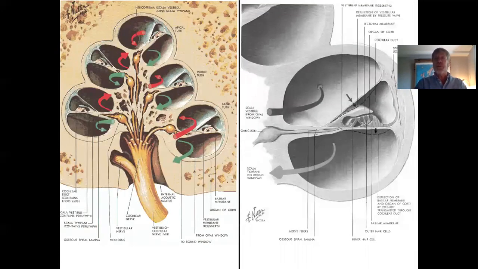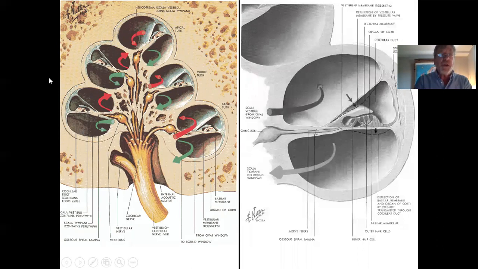So let's look at this picture here. It's kind of interesting. We talked about this a little bit in cochlear anatomy when I showed you a couple of those pictures of the cochlea. Let's look at these here. Because what you're seeing here is, on the left, red arrows and green arrows.